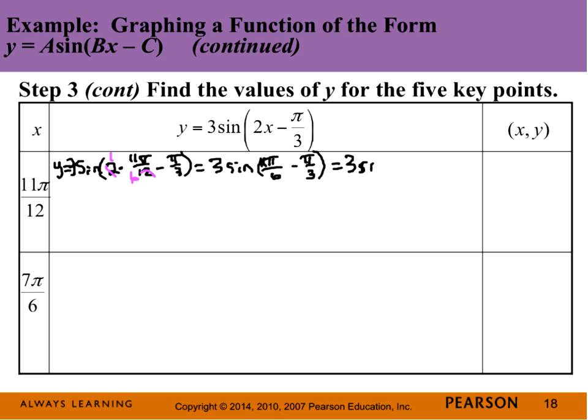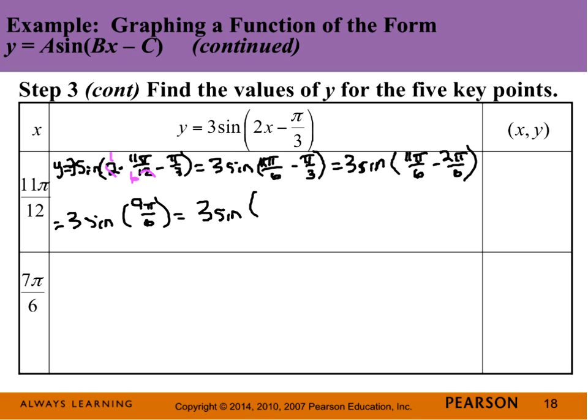So this is 3 times the sine of 11 pi over 6 minus 2 pi over 6. And that's 3 times the sine of 9 pi over 6, which is 3 times the sine of 3 pi over 2.